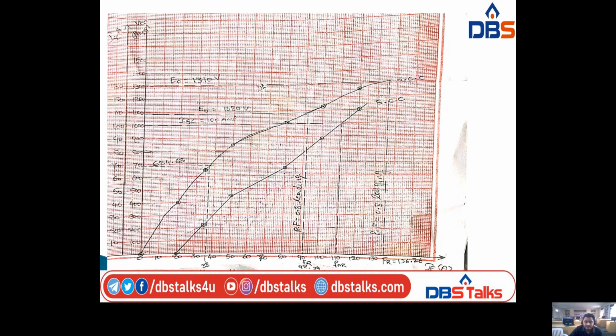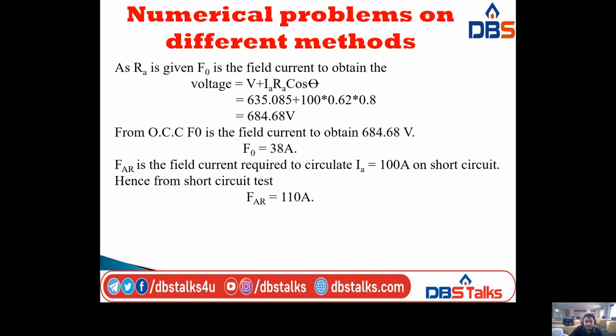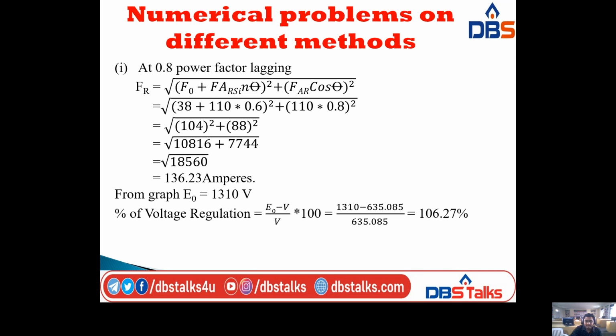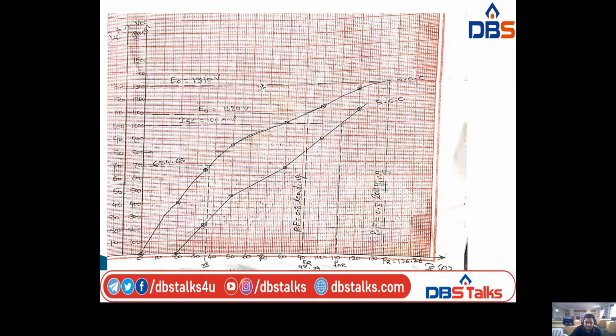Here the value touches at 1080 volts: the 92.34 amperes line, vertically and horizontally, touches 1080 volts on the VOC value. So the line is drawn like this, and it touches at E naught is equal to 1080 volts.